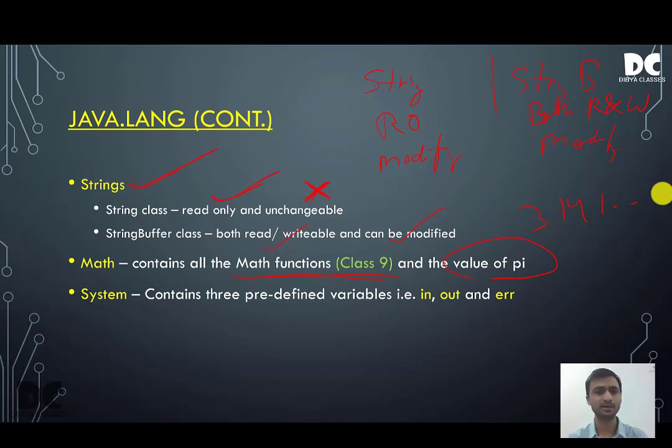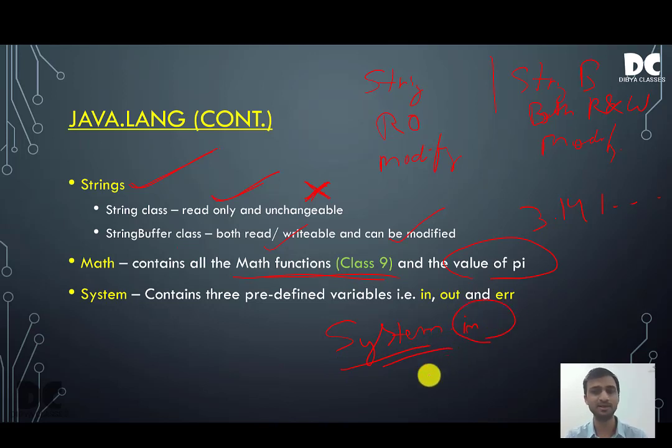The last class we'll study is the System class. It contains three predefined variables: in, out, and err. If you remember, we used System.in in the Scanner class: Scanner x equal to new Scanner, and within brackets we wrote System.in. System is the class and in is a predefined variable.